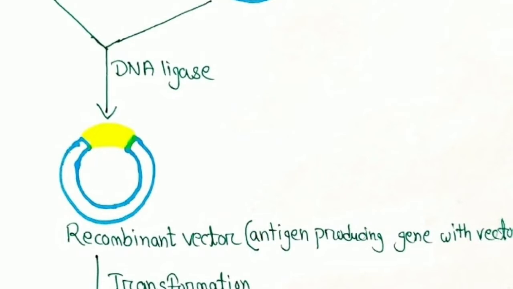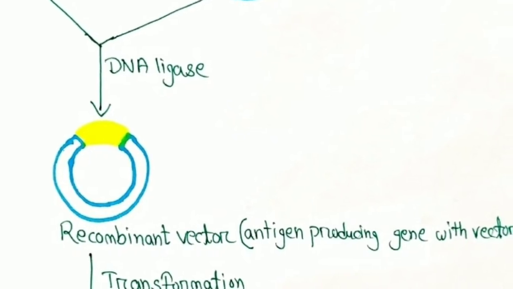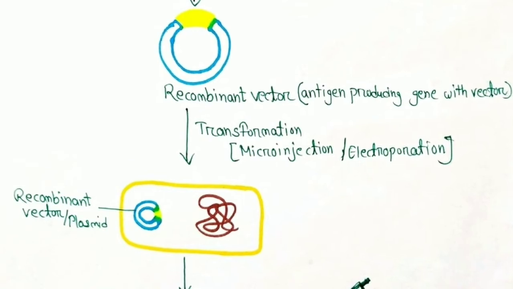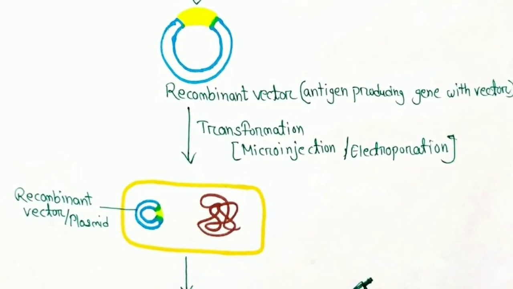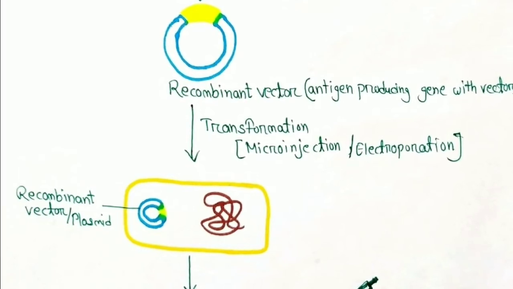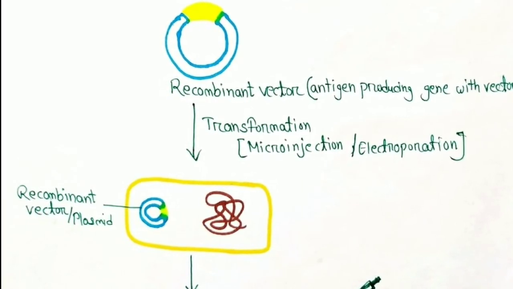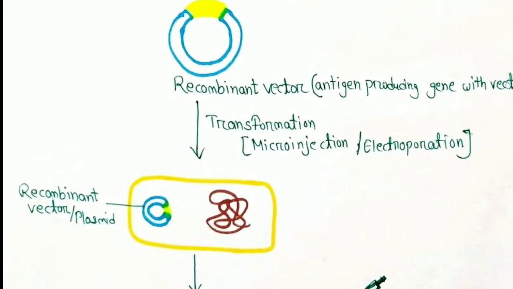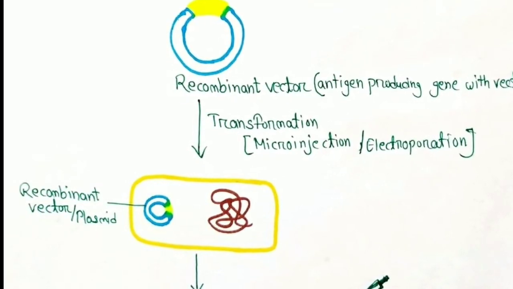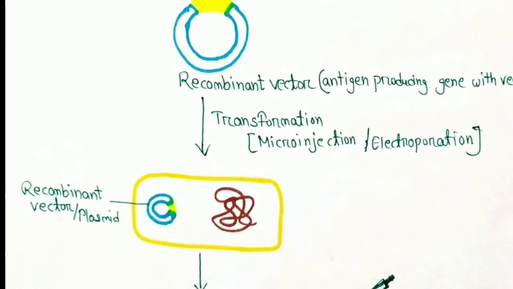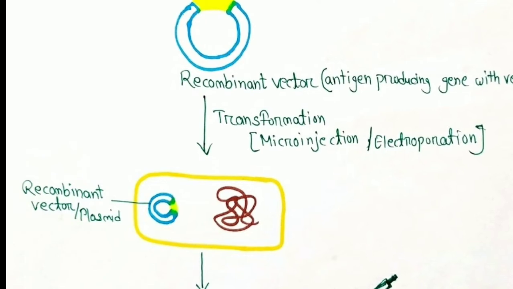After the formation of the recombinant gene, this recombinant vector is transferred into the host cell using various transformation methods. Transformation methods like electroporation, microinjection, calcium chloride method, etc. are used for the transformation of the recombinant gene into the host cell.